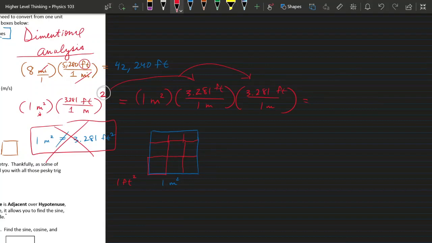And now we're left with 1 times 3.281 times 3.281, and we have 10.76. So let's decide our units now. What are we left with? Well, we have meters squared up top here, meters and meters down below, and that will give us meters squared when we multiply them. So they cancel out, and we're left with feet times feet, so now we have our desired variable, feet squared.